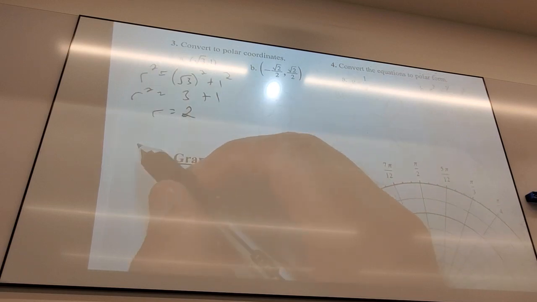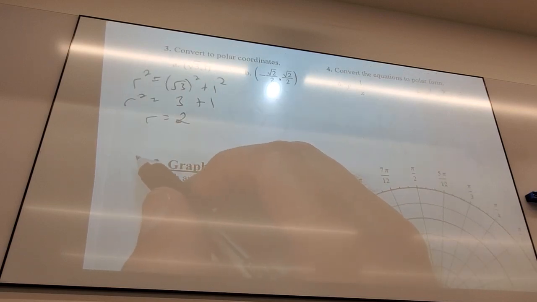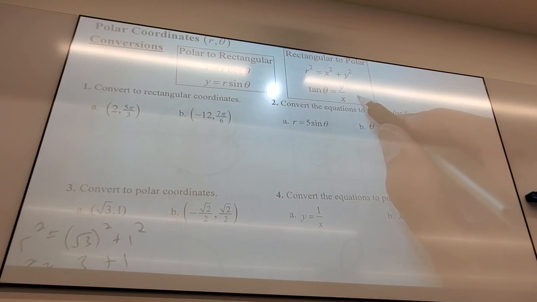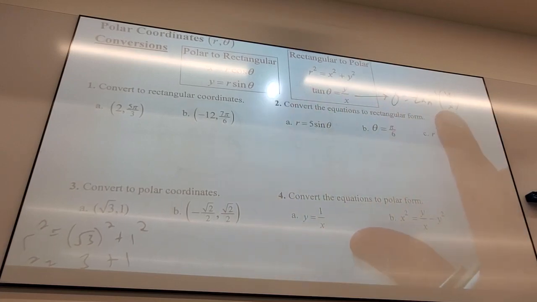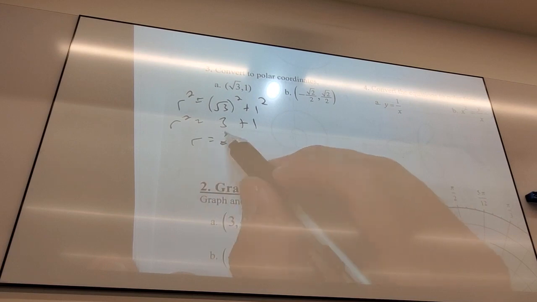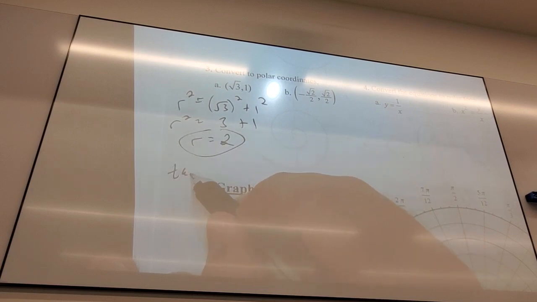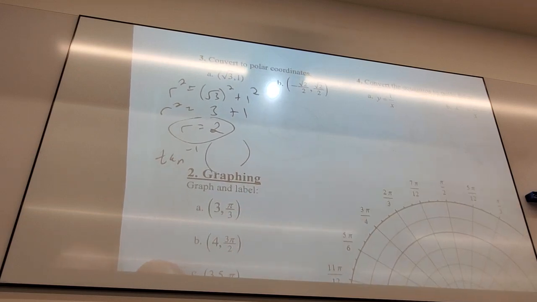And how do I get theta? Don't I take the inverse tangent to solve for theta? So here I need to know the inverse tangent of what over what. What's tangent? What over what?